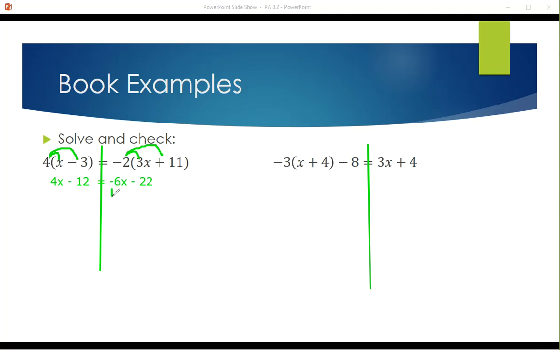Okay, I'm going to move the 6x by adding it because it was minus. So I would have 10x minus 12. It's going to be equal to negative 22. Move the 12 over.